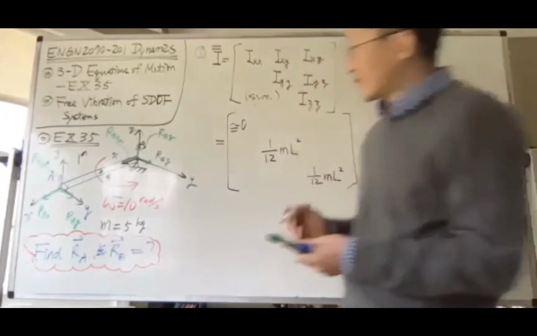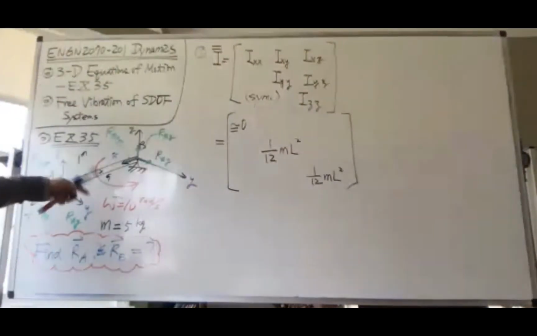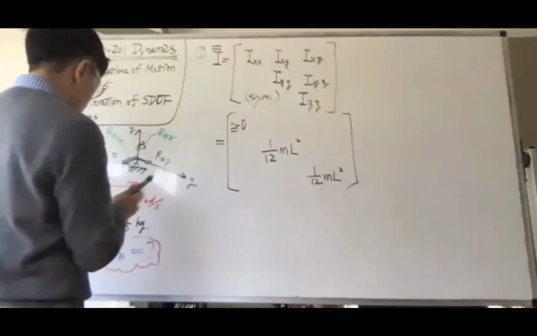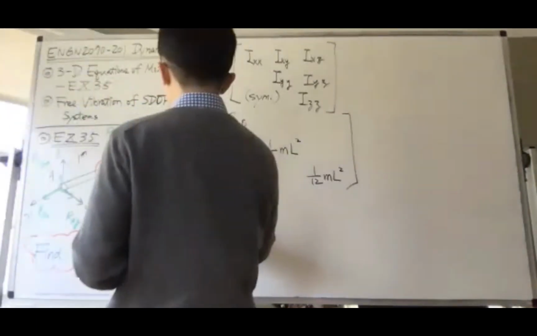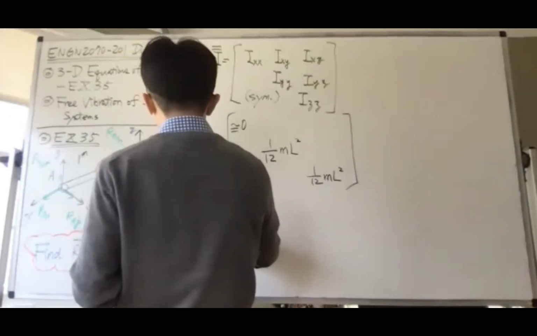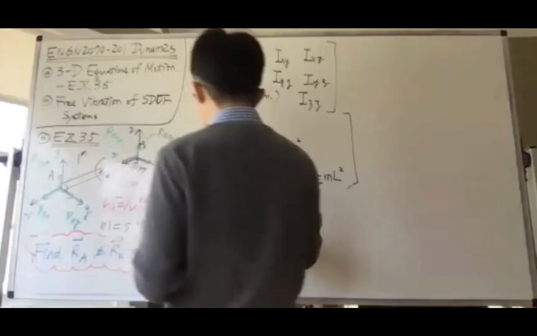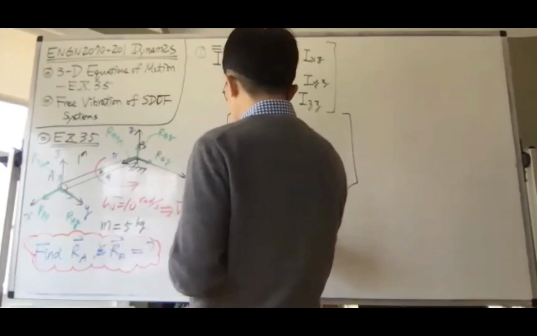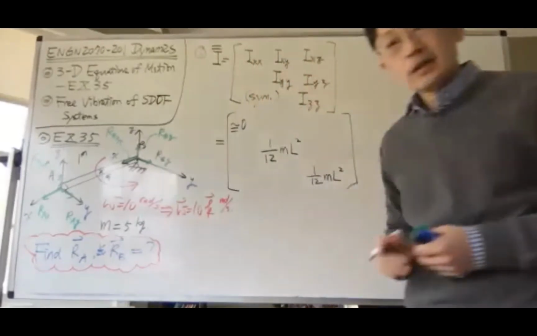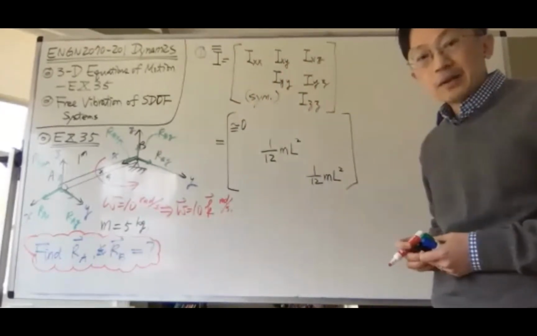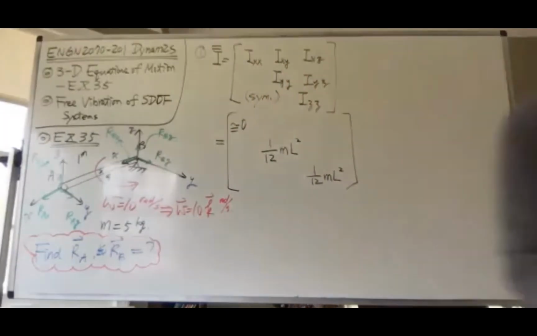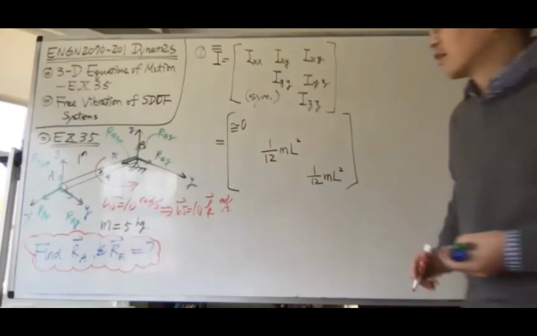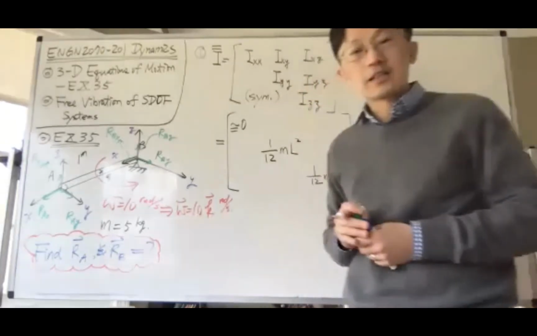Now, you notice that this whole thing spins with respect to the z-axis, which means the angular velocity is a vector, and this angular velocity is 10 k radians per second. That means there's only one component of this angular velocity vector.